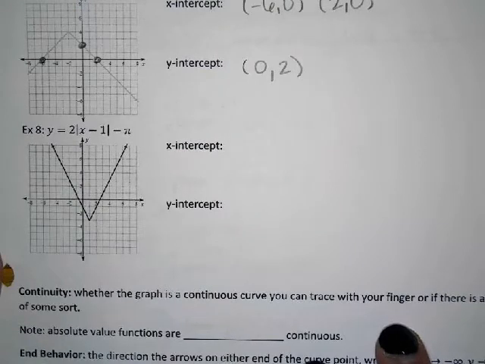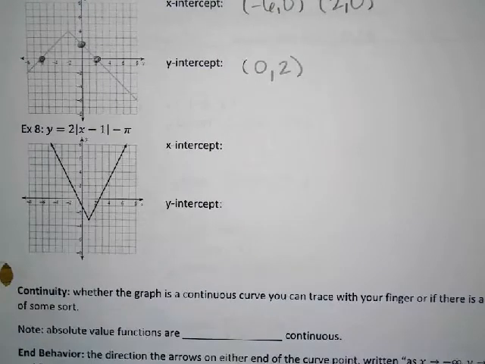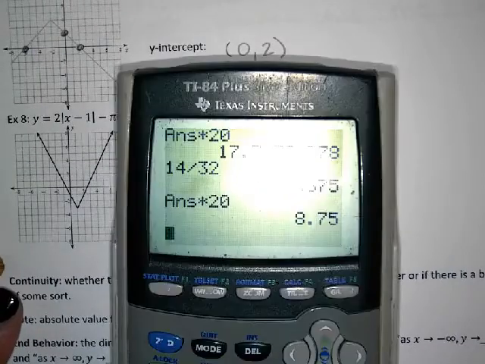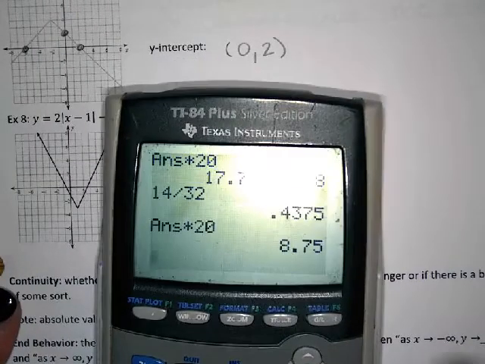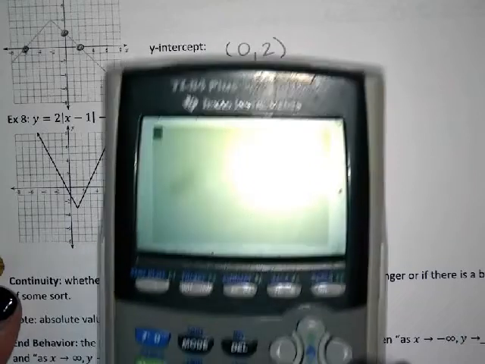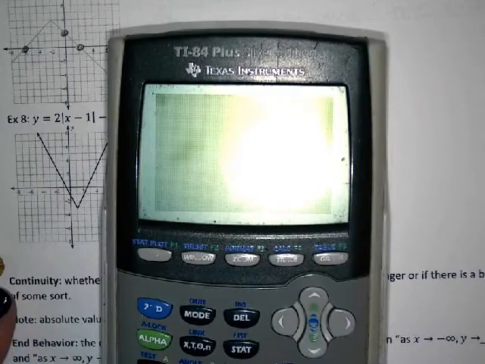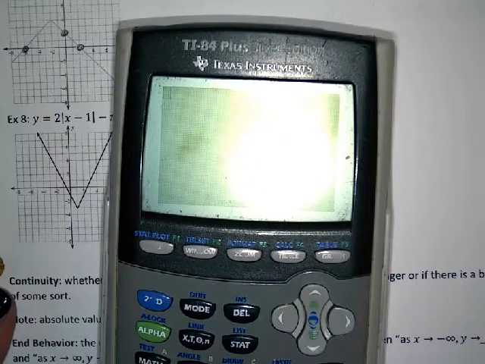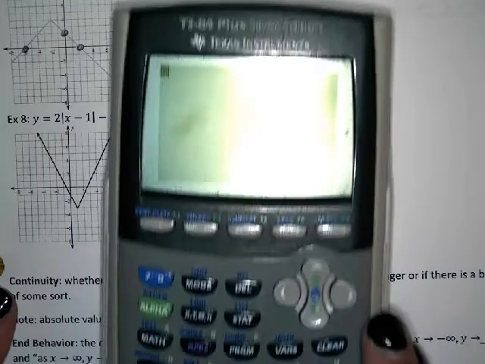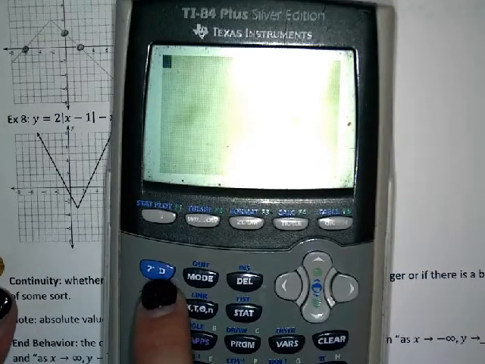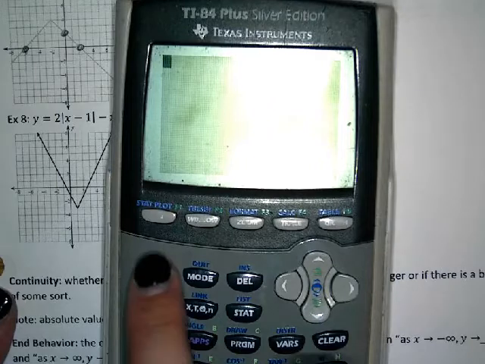Okay, so on our calculators, does anyone remember how to clear a calculator? It's more complicated than that. So we start with the second button, this blue button. Second. Yep. Hit the second button.